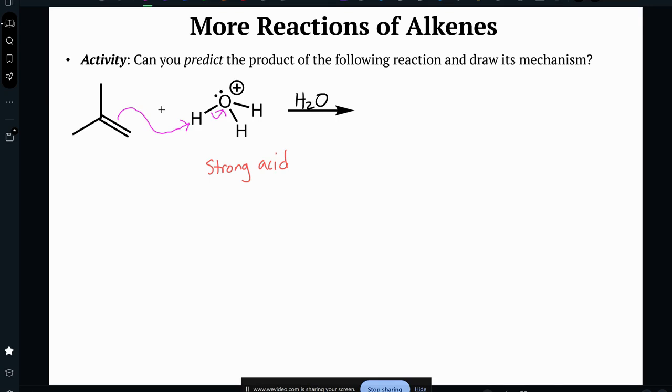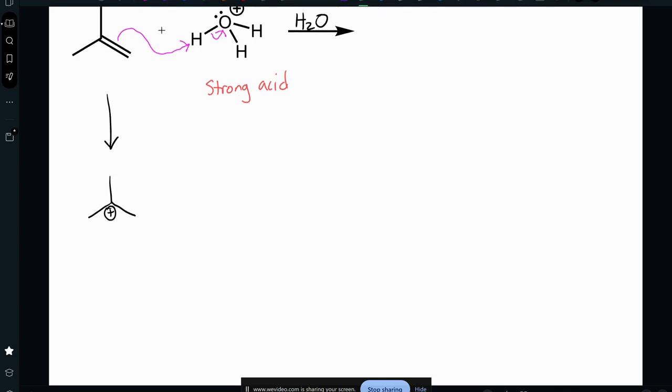In this case, that's going to release water. We have a choice of making a primary or a tertiary carbocation. We're going to choose to make the tertiary carbocation. And now we've made our high energy intermediate.